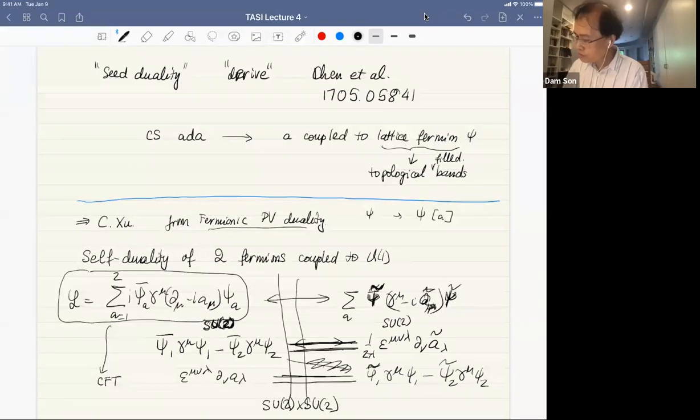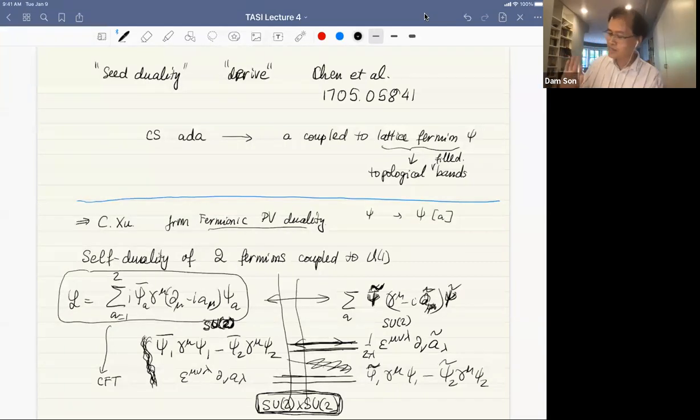And I think this enhanced symmetry is not visible in any Lagrangian formulation of the theory, but it should be the symmetry of the fixed point. And these operators must belong to the same SU2 cross SU2 multiplet at the fixed point, and so they must have the same dimension. That's my understanding. I might be wrong.